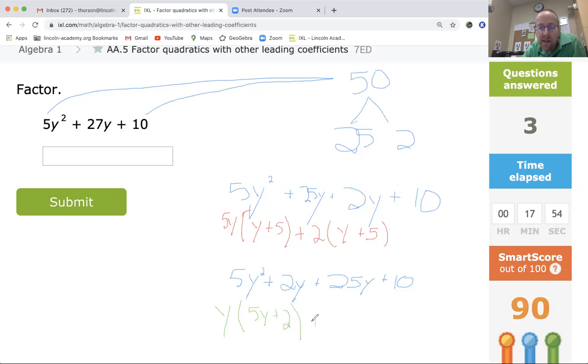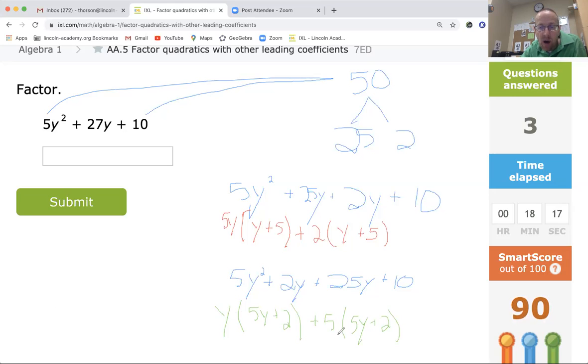A 5. So I'd factor out a plus 5, which would leave a 5y plus 2, which again, those sets of parentheses are exactly the same. They're both 5y plus 2. So when I factor that away, it leaves the y plus 5. Well, here, that's where I got the y plus 5. You see how it ends up being exactly the same thing?